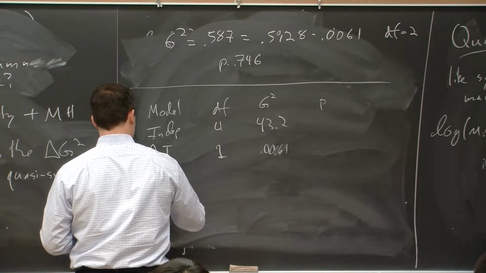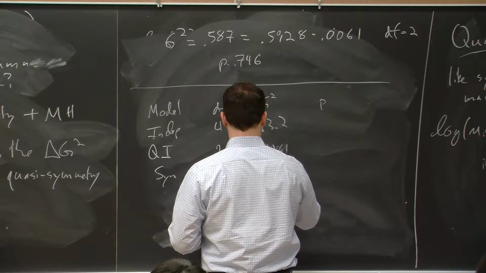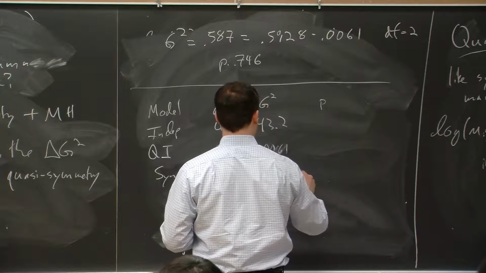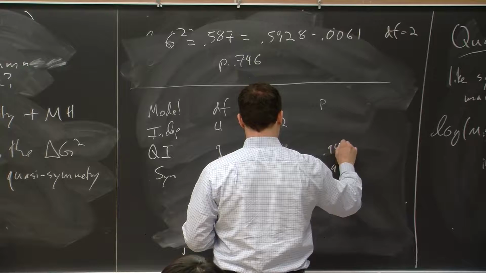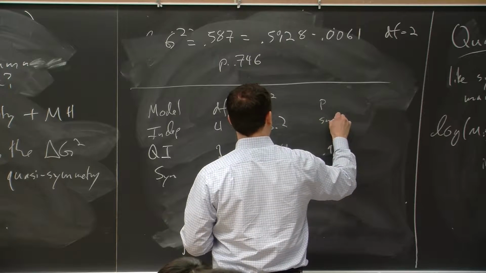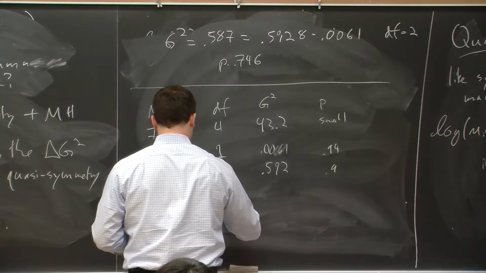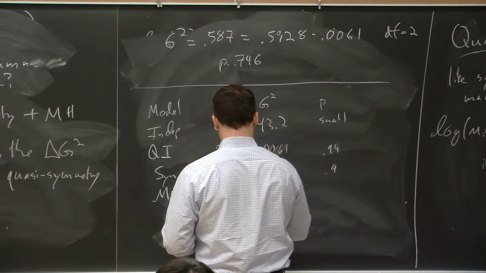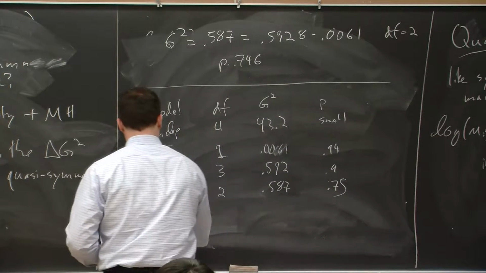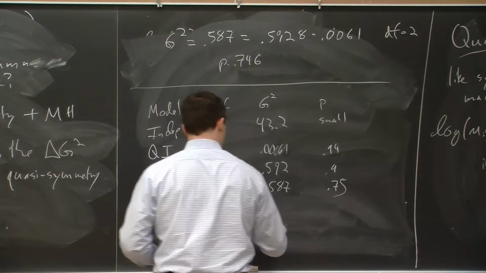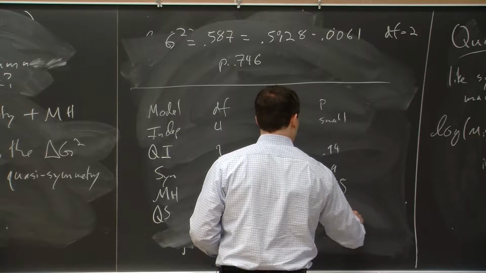We have a symmetry model on 3 degrees of freedom, and that fits okay. It's 0.94 small. Marginal homogeneity model on 2 degrees of freedom that fits okay, 0.75. And a quasi-symmetry model on 1 degree of freedom, which is also small and also 0.94.